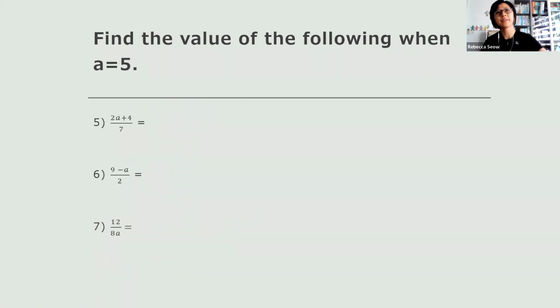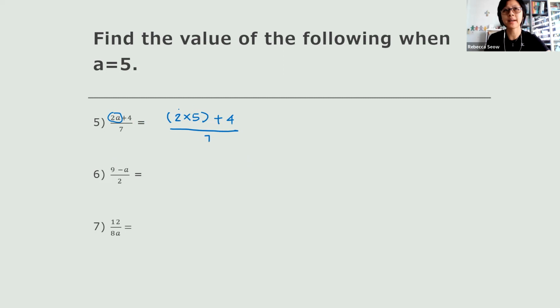Now next, we're going to a bit more complicated kind of question. So we have 2A plus 4 out of 7. Now you realize that the 2 goes with the A. There's nothing in between the number and the letter. That means that it is 2 times 5, okay? And then plus 4 over 7.